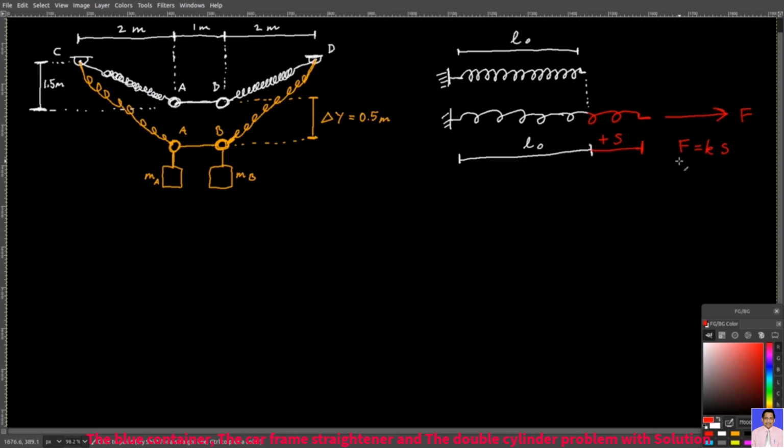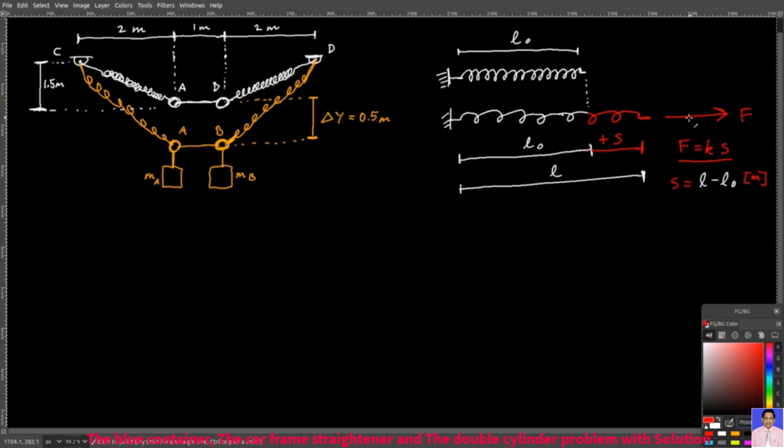And so if we look at this formula here, then this S, that's the additional length in the spring that occurred because of this force. So if this is the total length, then S equals L minus L0. So the unit of S is also meters.